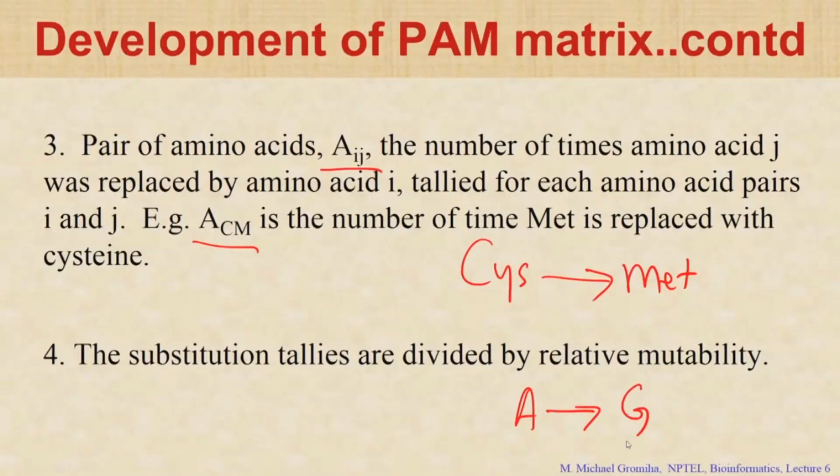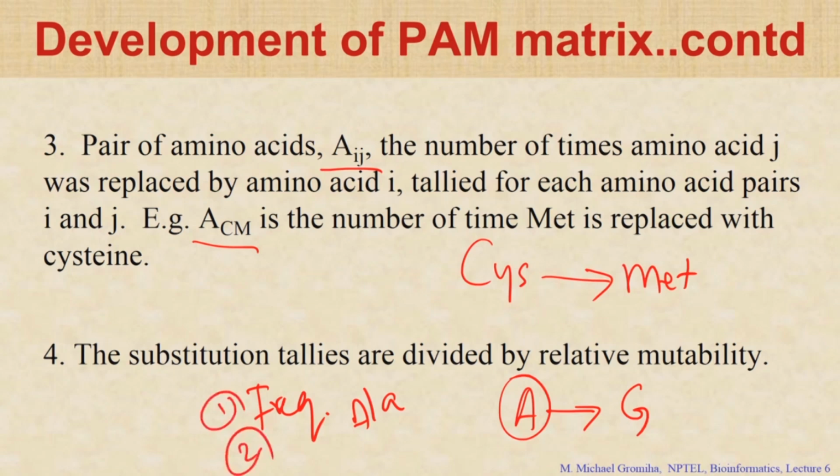For example, if you take alanine to glycine, what are the different aspects we need to consider to derive the PAM matrix? First we need the frequency of alanine, then the mutation frequency of alanine, that is, how many times A is mutated.